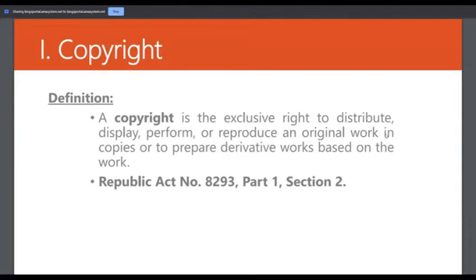Or even to reproduce it, you should have the right to allow or not allow people to reproduce copies of the books that you write. So for any original work, you can claim ownership, and you have the exclusive rights that we have mentioned.